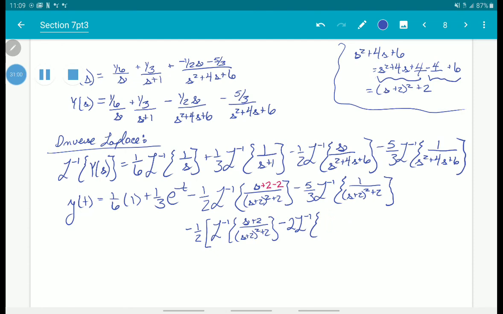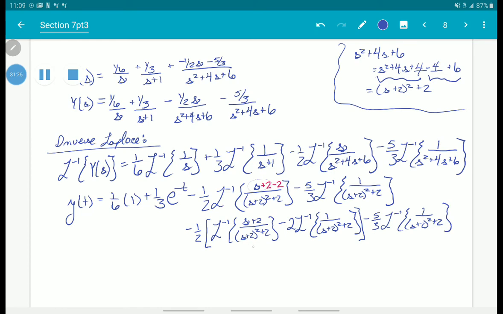Just kidding. We're splitting that numerator, so that's going with that first one. I factored that negative 2 out. Now I have a 1 up there. Then we have minus 5/3 here. Inverse Laplace of 1 over s plus 2 squared plus 2.